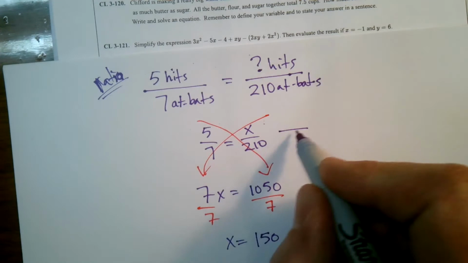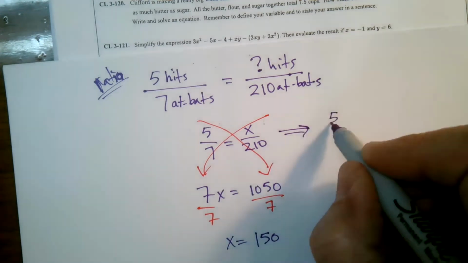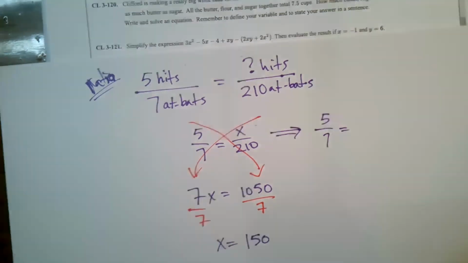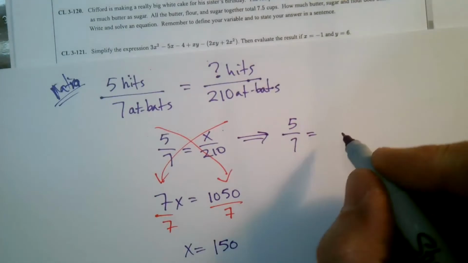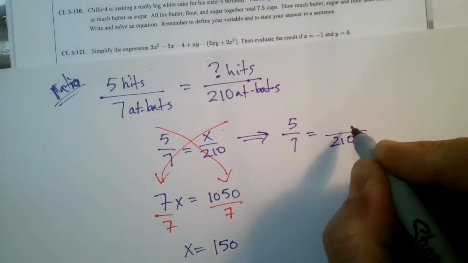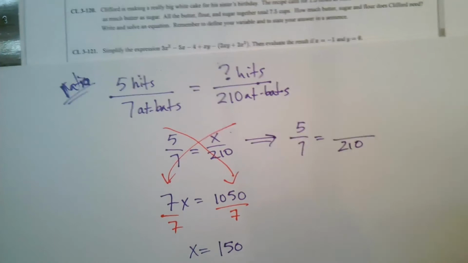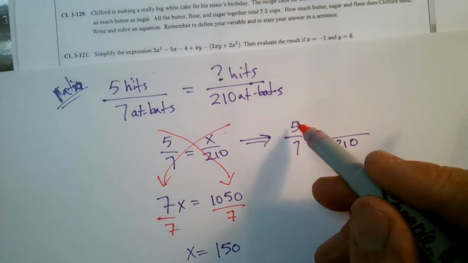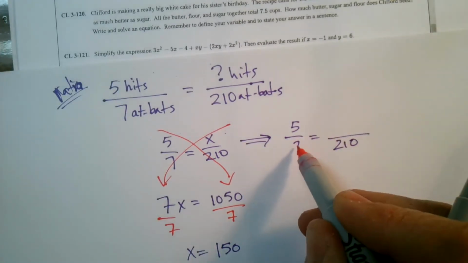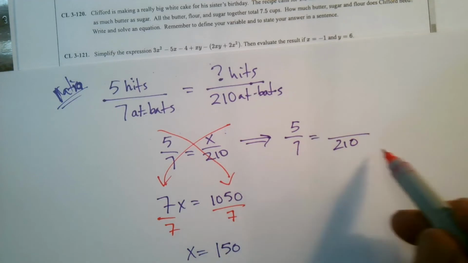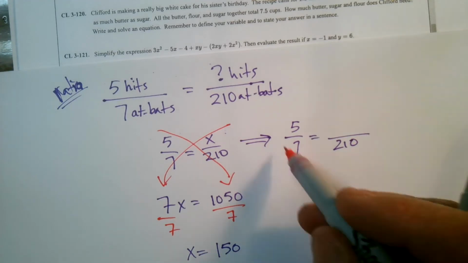But I also want to point out, if I rewrote this, see if you can see this pattern as well. If I want this to become 210, right? If I have a proportion set up here, and I can see that 7 to get to 210, it's like using the properties of fractions.